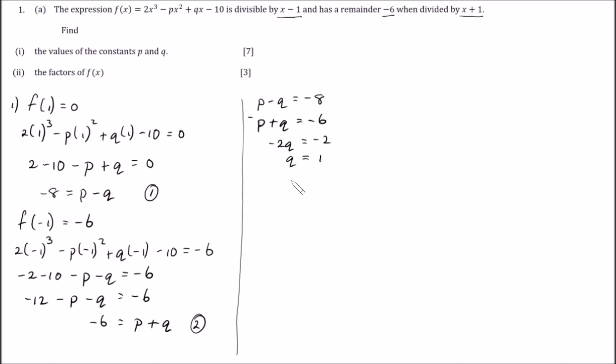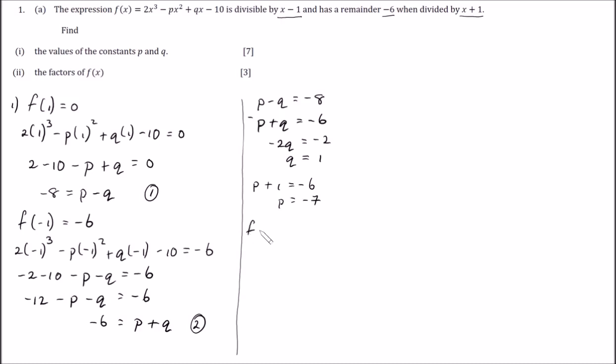And then just subbing in that q is 1, let's see what that gives us. So p + 1 = −6, so p would have to be −7. So my values for p and q are −7 and 1 respectively.